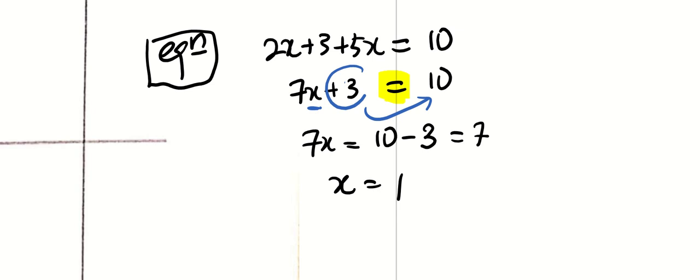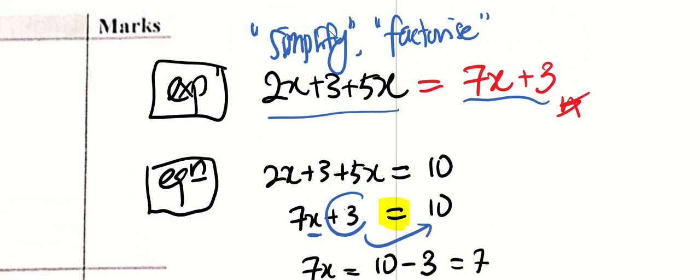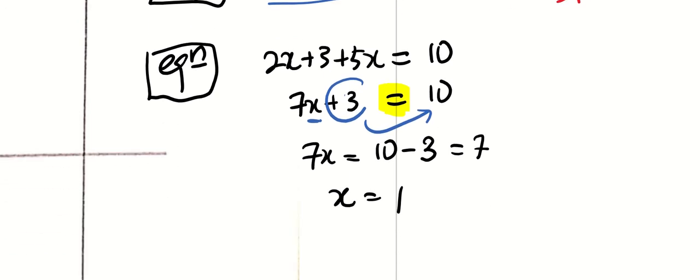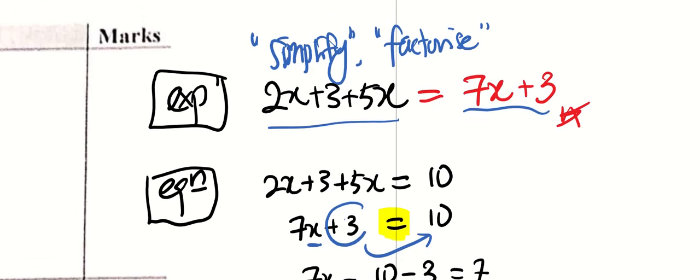Now, what is the difference between an expression question and an equation question? For the equation question, at the end of the day, you will get a value of x equals to something. Whereas for an expression question, you're not able to calculate the value of x. It's just an expression.